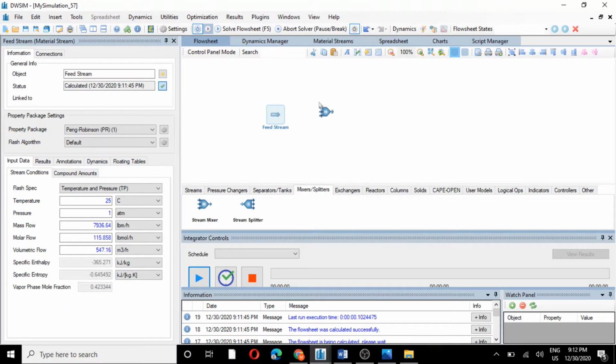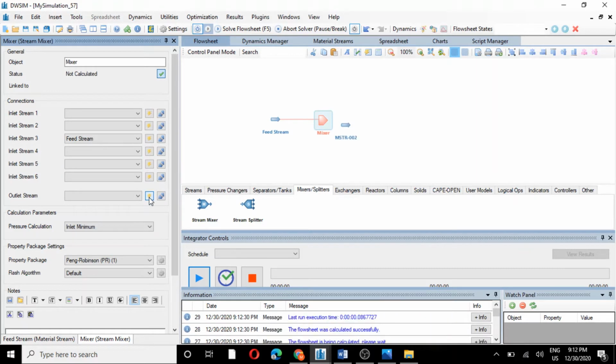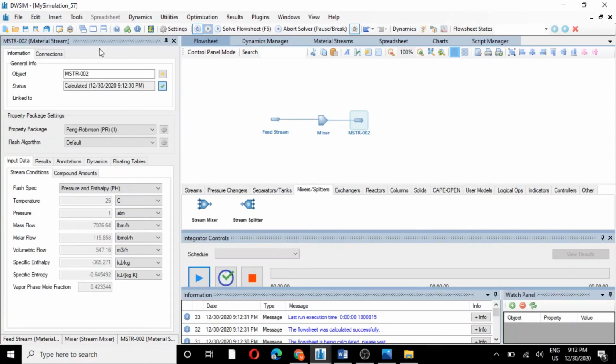You have to use stream mixer, inlet, feed stream, name this mixer, and then have an outlet stream, and in the problem, this is the gross feed.